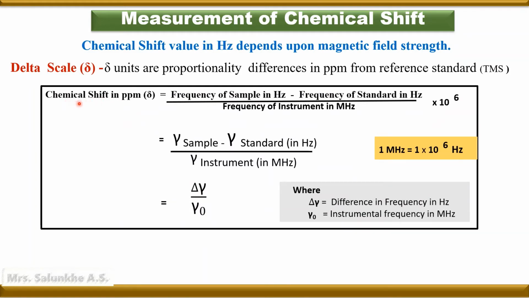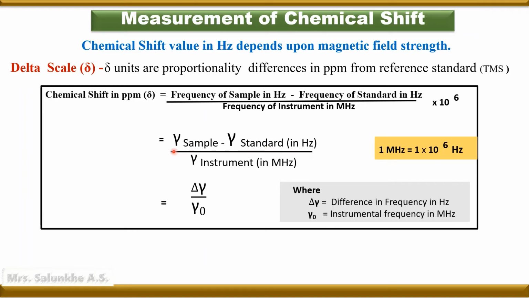The equation for chemical shift in delta ppm is equal to frequency of sample in Hertz minus frequency of standard in Hertz, divided by frequency of instrument in megahertz, into 10 raised to 6, because the value is in ppm. But 1 megahertz is equal to 1 into 10 raised to 6 Hertz.